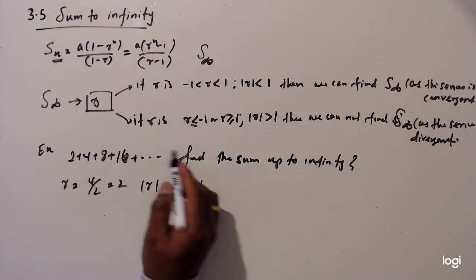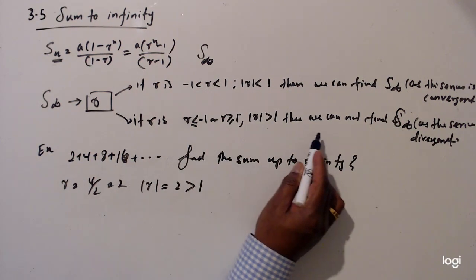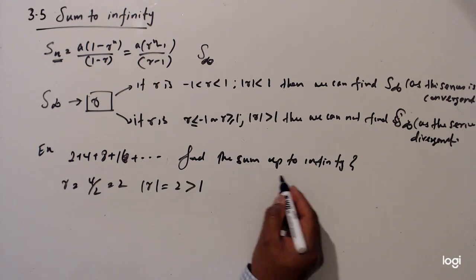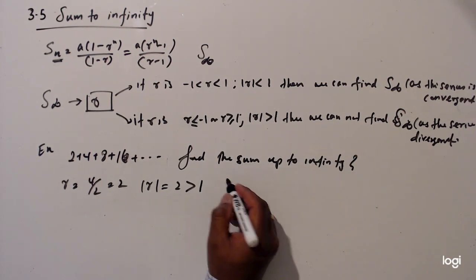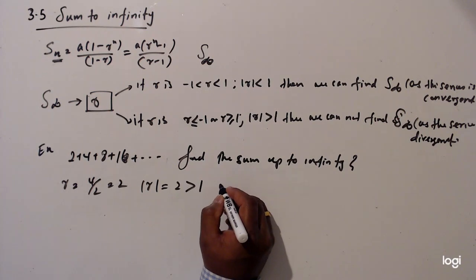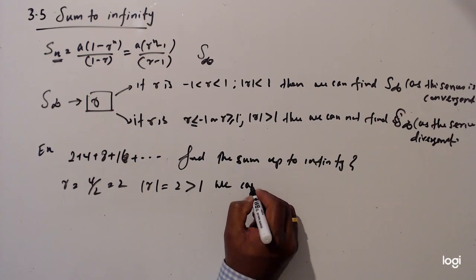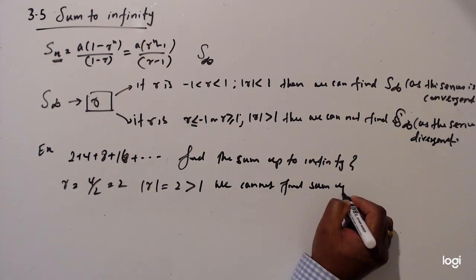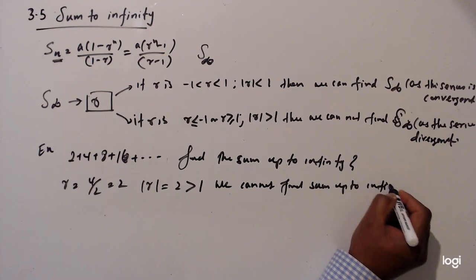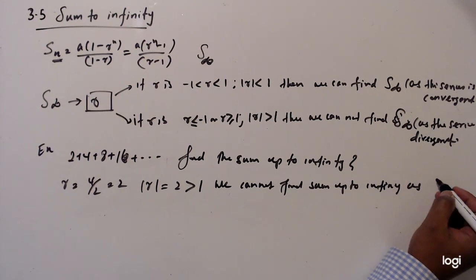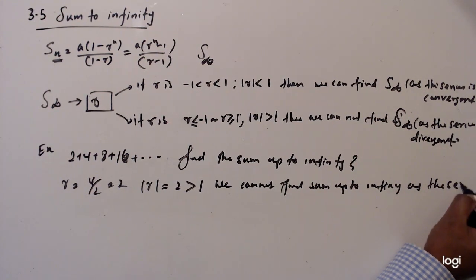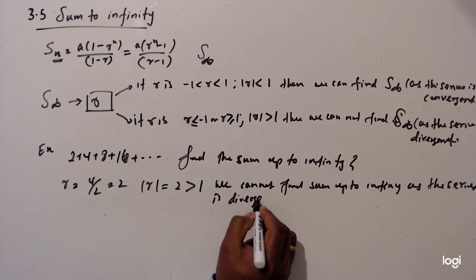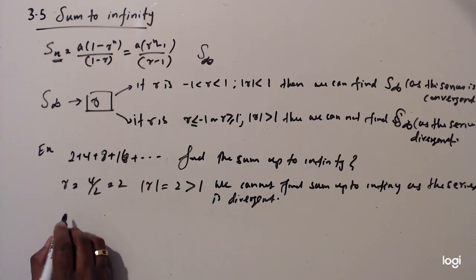So what will happen if it is greater than 1? Then we cannot find the sum up to infinity, as the series is divergent, which I'm going to discuss later.